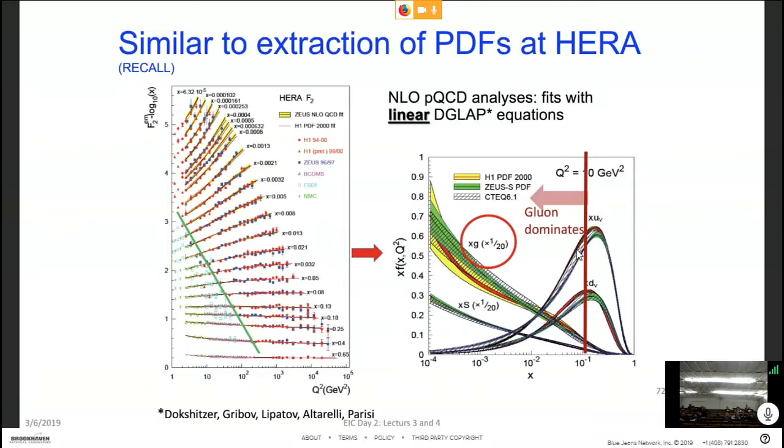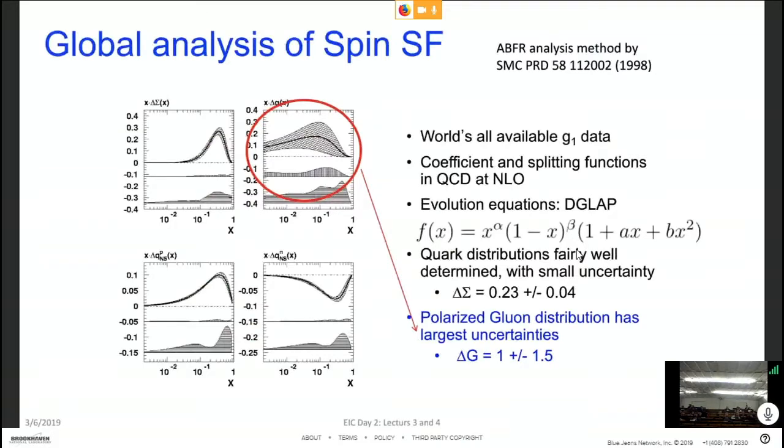And this was the result from 1998 that was published. You can see the gluon distribution inherently has large uncertainty. This is the experimental systematic, and this is the theoretical systematic in the next-to-leading order calculation that we did at that time.